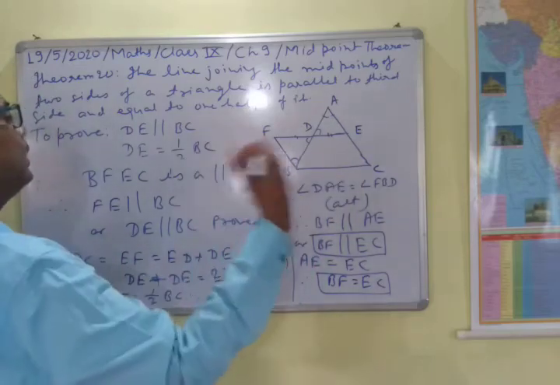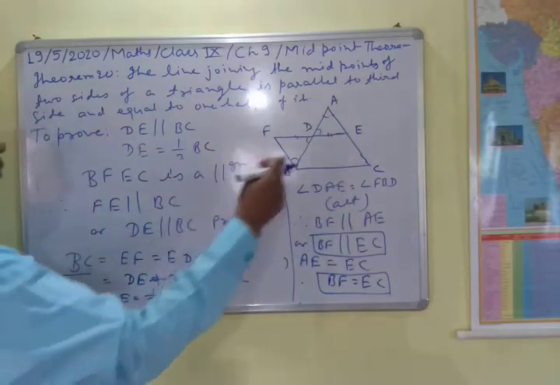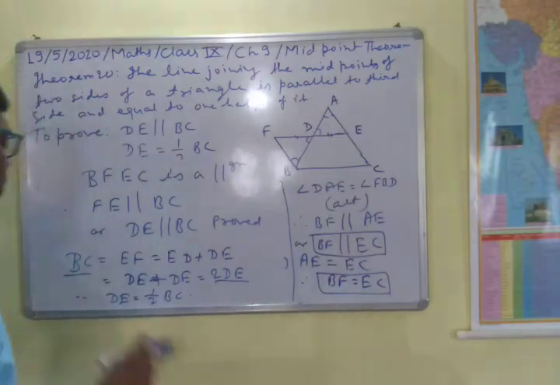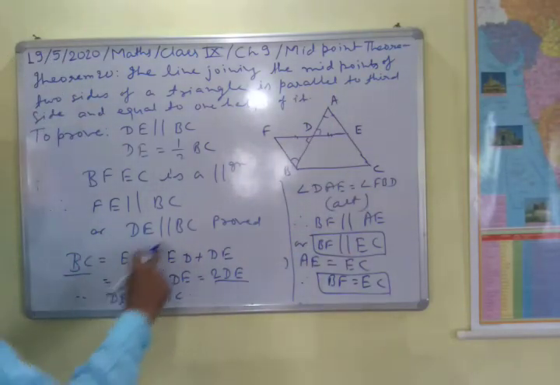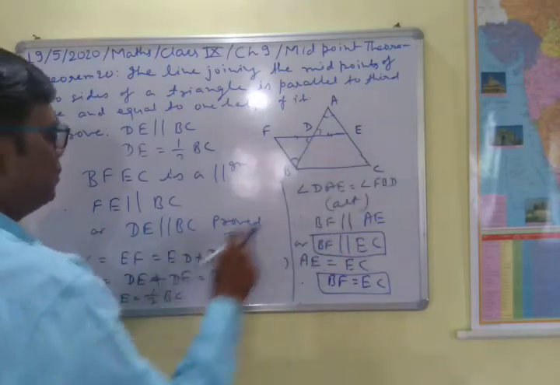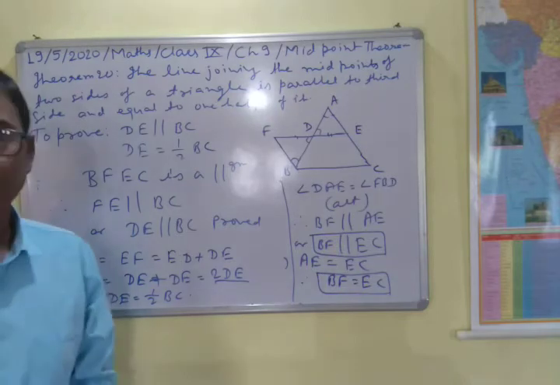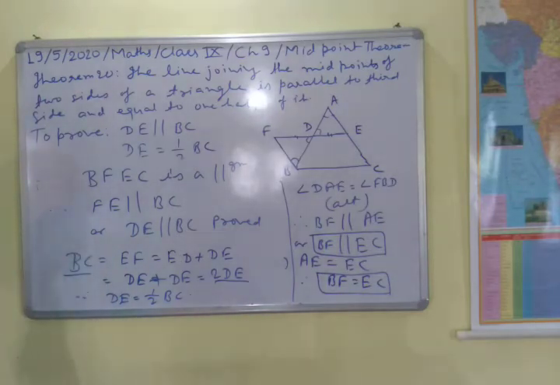So this is proved here. Next, we will do the second part, that is BC equal to EF. Again, the opposite sides of a parallelogram are equal, therefore BC equal to EF, or we can write EF as ED plus DE of this, and then you will see that this is the proof in this case. So this is the answer of this theorem, or this is the proof.